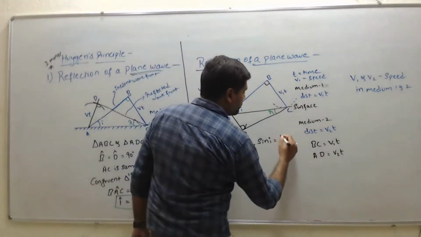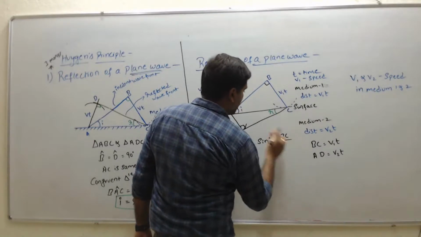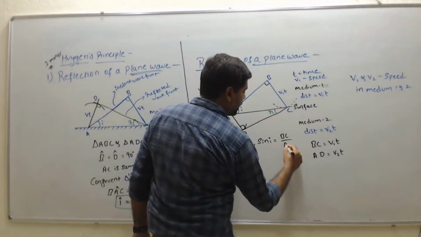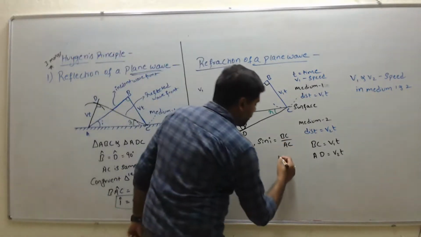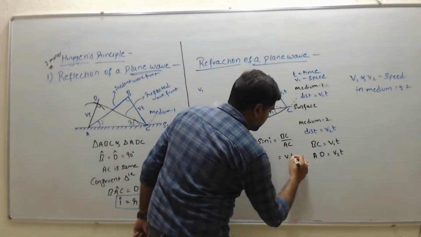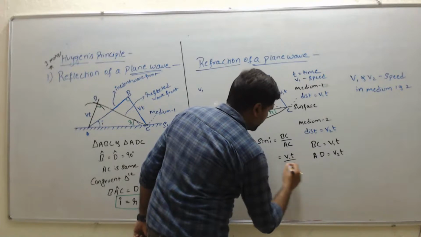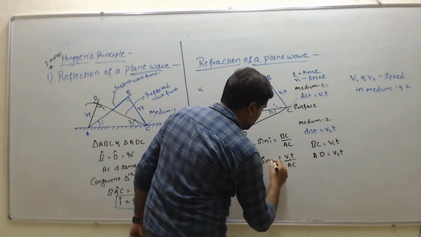Opposite is BC and the hypotenuse is AC, right? So sine I, we know the value of BC is V1T, divided by AC, that is sine I.